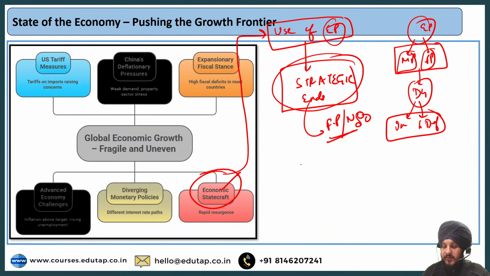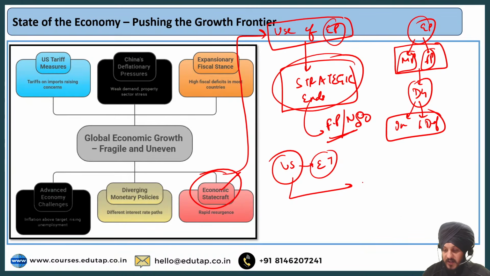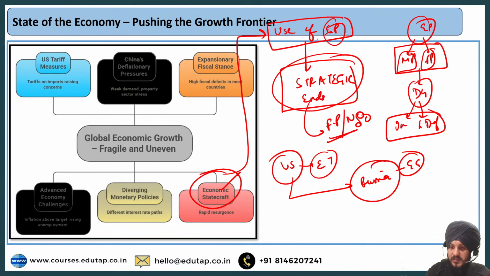For example, the US utilizes its economic tools in order to restrict Russia's economic growth, so that the strategic ends can be met. And this is what we call economic statecraft.